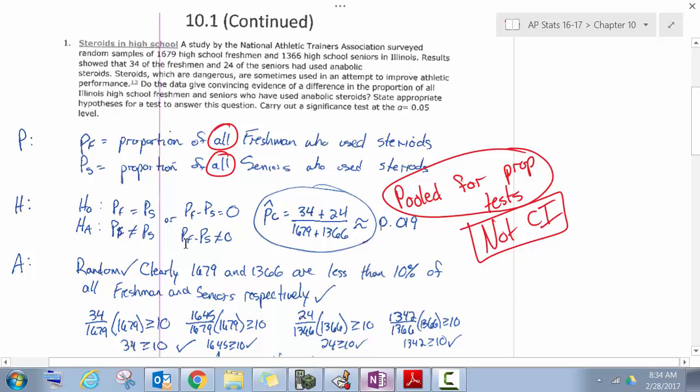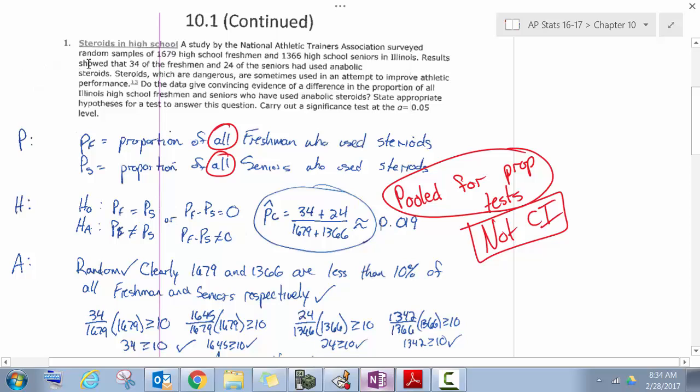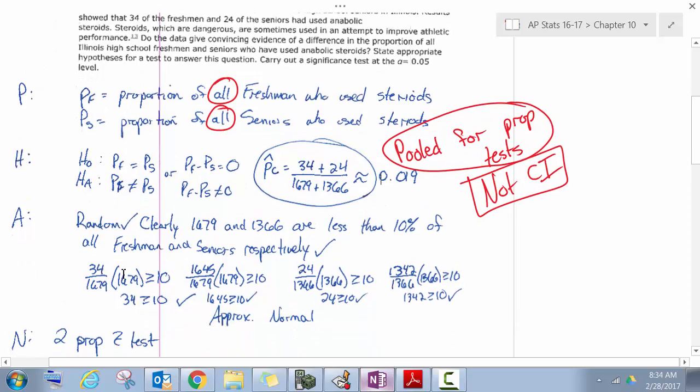So now we check our assumptions and conditions, same as before. It's random. It said that it's random right here, random samples. Clearly 1,679 and 1,366 are less than 10% of all freshmen and seniors respectively. I think that's a good bet. And then we do our N times P and all that to see if we're approximately normal.